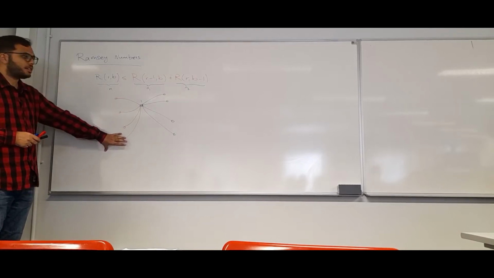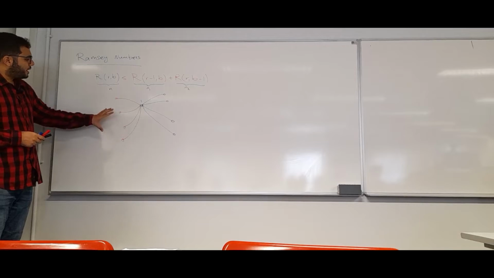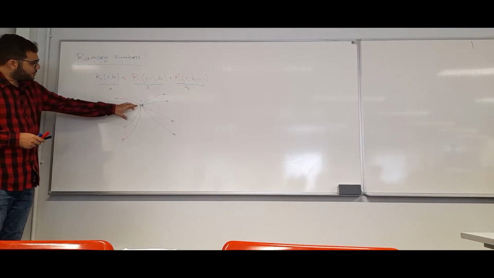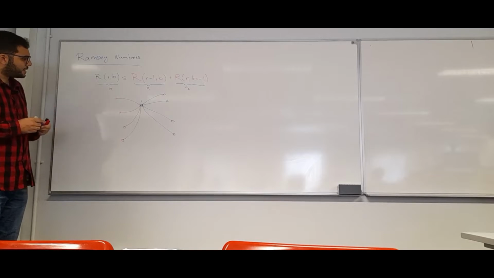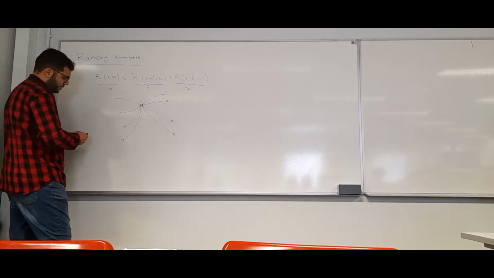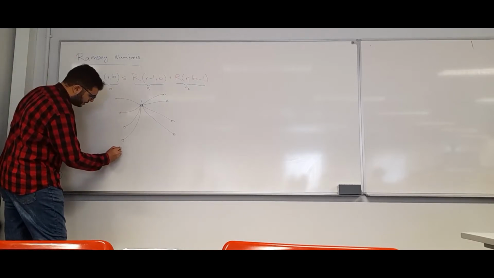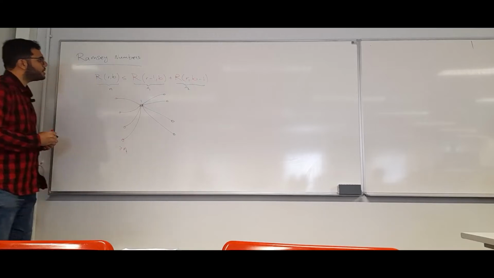Okay. So now just look at these vertices here, and let's just take the graph that is limited to these vertices. If the number of vertices that are connected to vertex 1 with red edges is at least N1, so if the number of vertices here is greater than or equal to N1, what do I know?